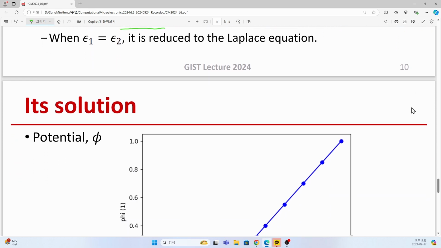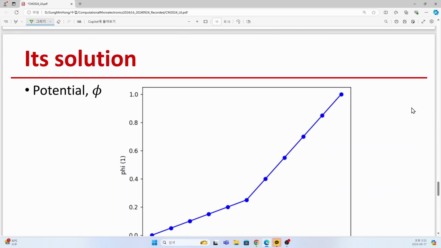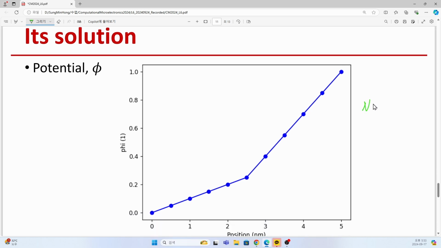So anyway, by solving this system for the n equal to 11 case, you will have this relation. These dots just show the discretized points. Now you have 11 discretized points, so you have 11 dots here.